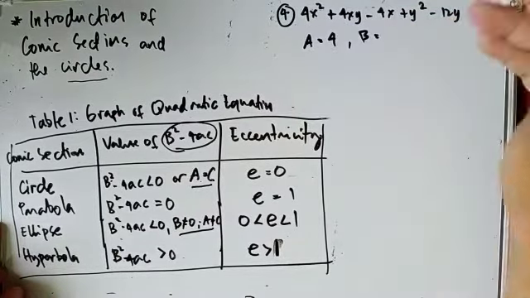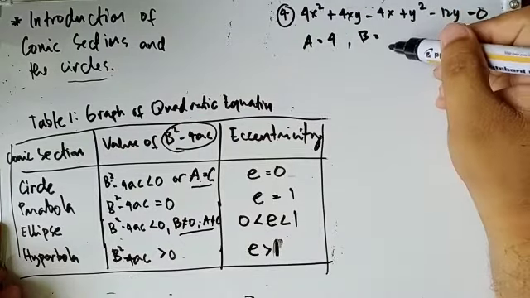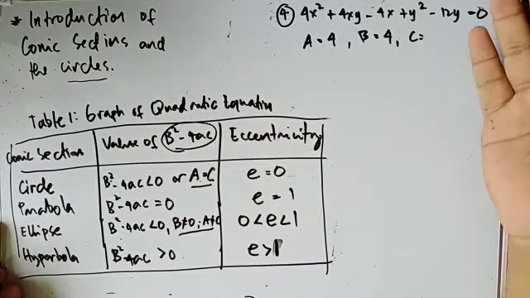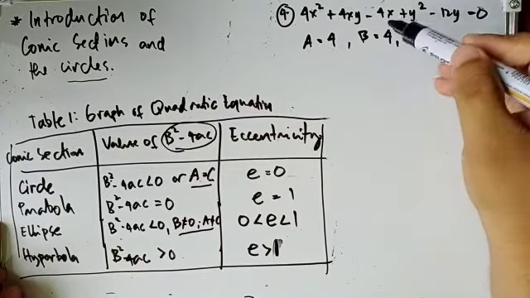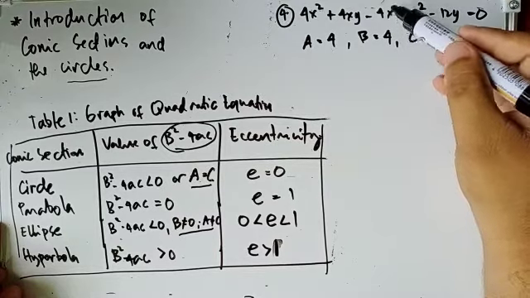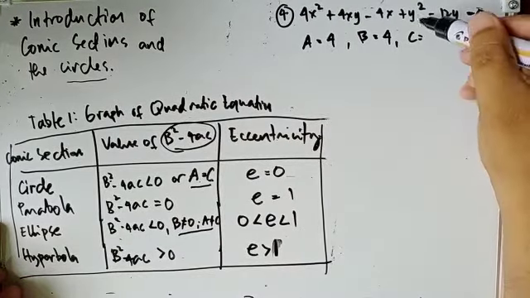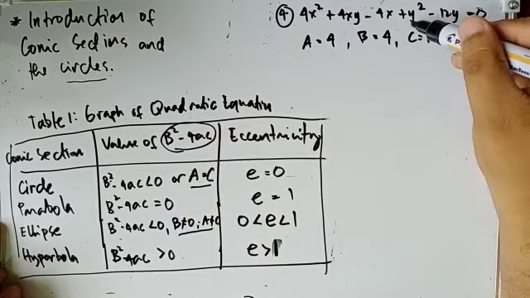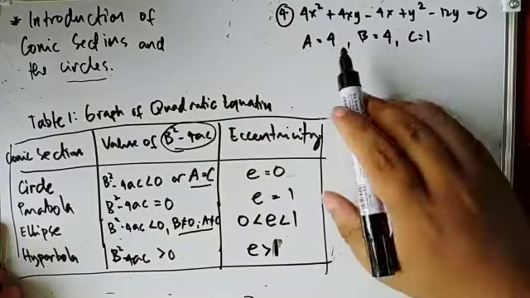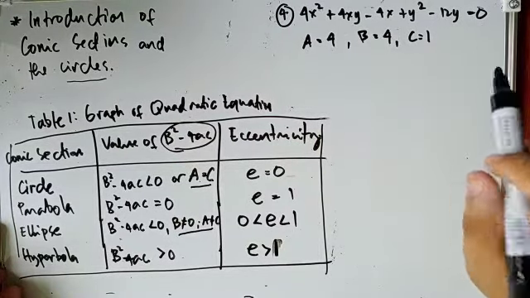Yung b natin dapat katabi ng variable na xy, which is also 4. Yung c natin dapat katabi ng y squared. Take note, ito na negative 4 katabi ni x. So, hindi yan yung c natin. Which is, in fact, yung c natin dito dapat 1. Kasi yung katabi ni y squared is 1. Nakuha. So, yung a natin is 4, b is 4, c is equals to 1.